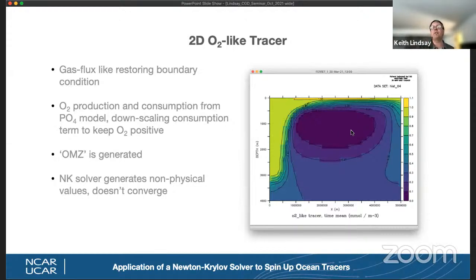So this oxygen tracer has something that resembles an oxygen minimum zone that causes problems for the solver in the GCM. And indeed, if you apply the Newton-Krylov solver, sort of just vanilla, to this tracer, it doesn't converge. You get non-physical values, and the oxygen oscillates from Newton iteration to Newton iteration around 0.